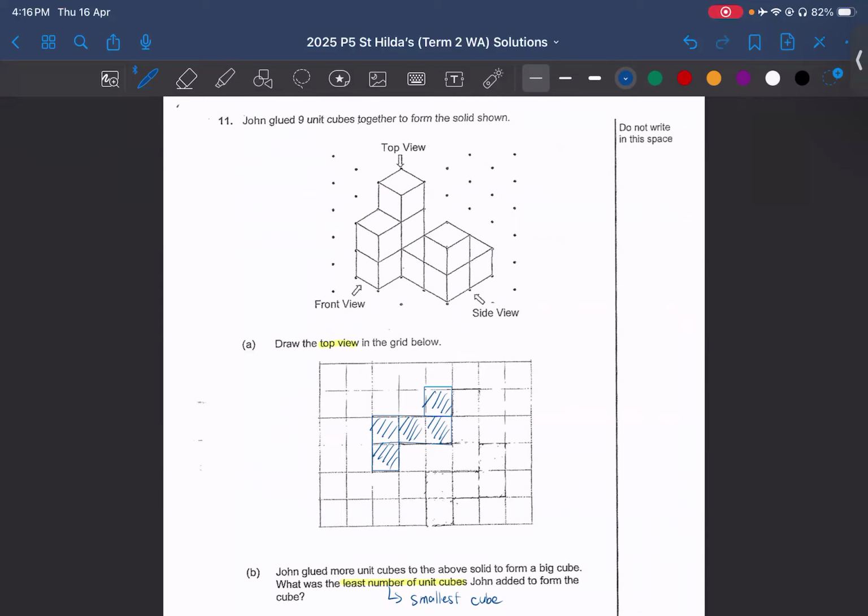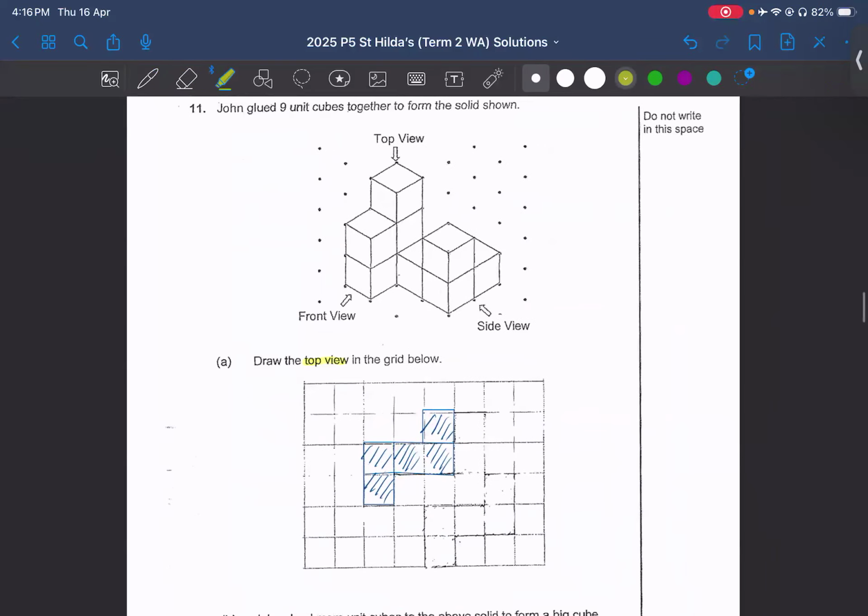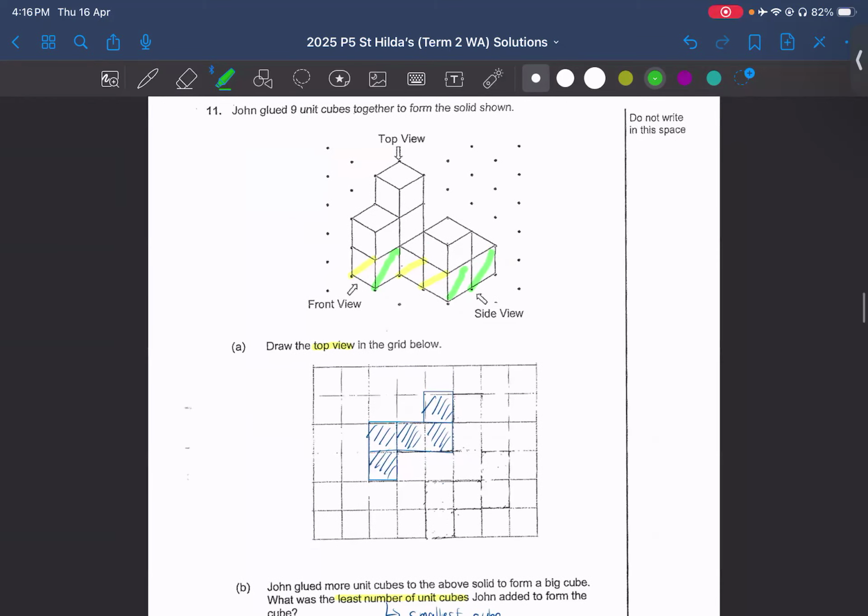So if you look carefully, from the front view, you realize that you have actually 1, 2, 3 cubes along the length. And if you look at your breadth carefully, you realize you have 1, 2, 3 cubes along the breadth.